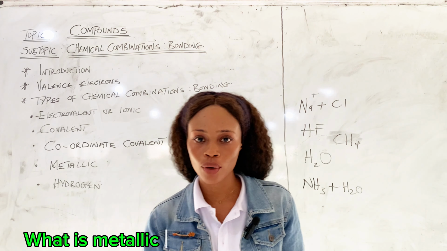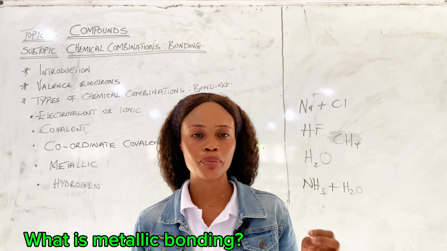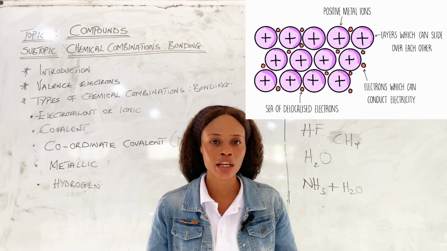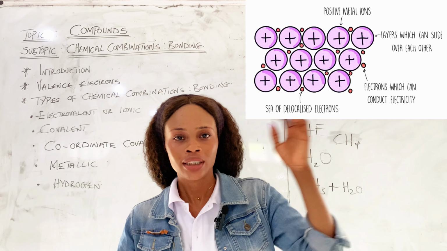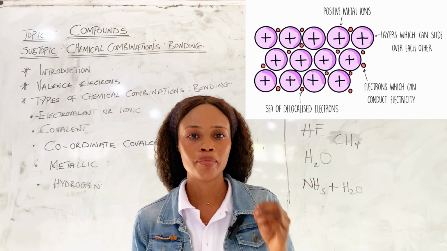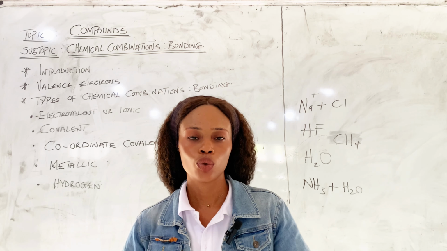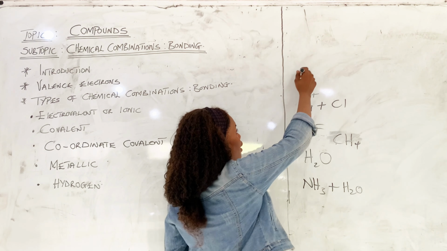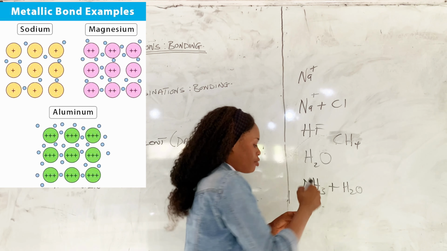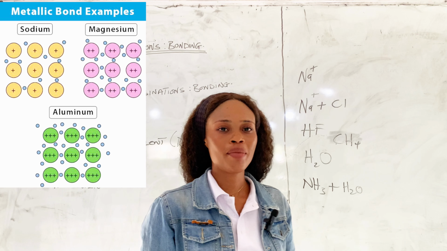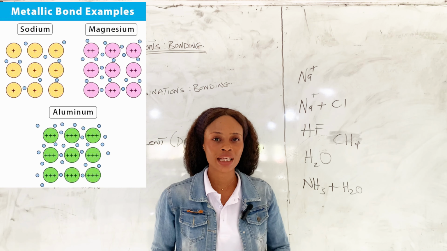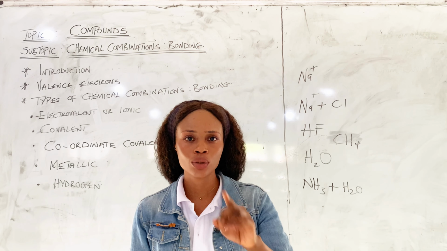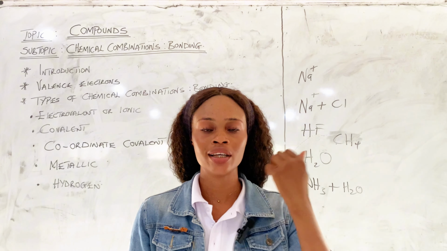Now, metallic bonding is a type of bonding in which the positively charged nuclei of the metal ion is attracted to a sea of mobile electrons. Now, take note, your metals carry a positive charge. The reason your metals carry a positive charge is because your metals are electron donors. So they lose electrons, and because they lose electrons, they become positively charged.